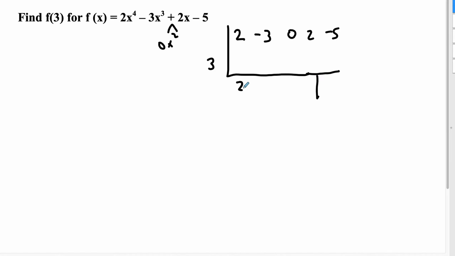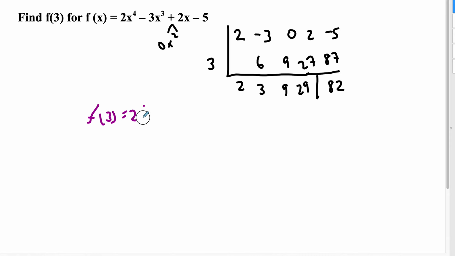So bring down the 2, multiply, add. 3 times 3 is 9, add. 3 times 9 is 27, add. What's 3 times 29? That's a lot like 3 times 30, but 3 less, isn't it? So that turns out to be 87. Negative 5 plus 87 is 82.